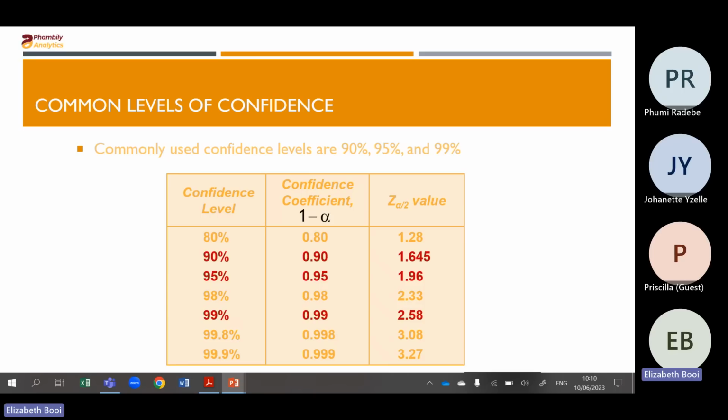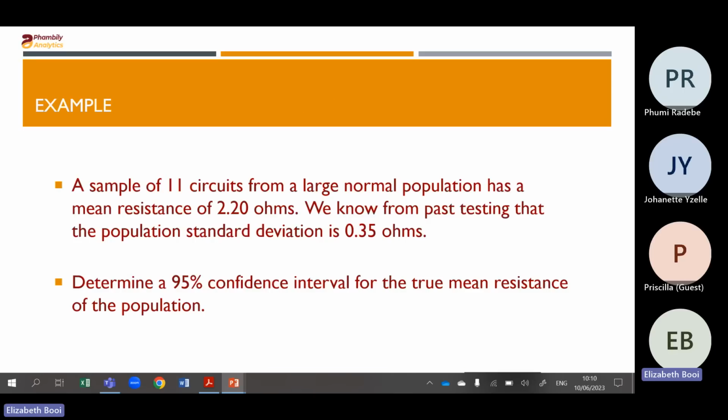That will have a 3-digit critical value. But you can also memorize this, because usually they like using 90, 95, and 99, where the critical value for 90 will be 1.645. For a 95, it's always 1.96. For a 99, it's 2.58. And if they give you 98, it can be 2.33, and so on and so forth.